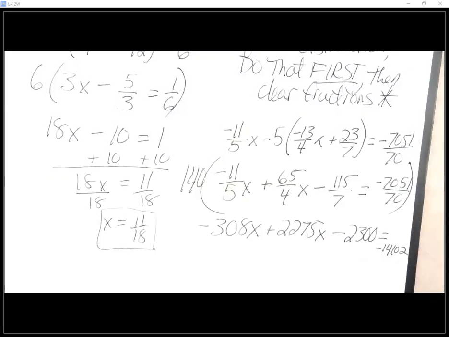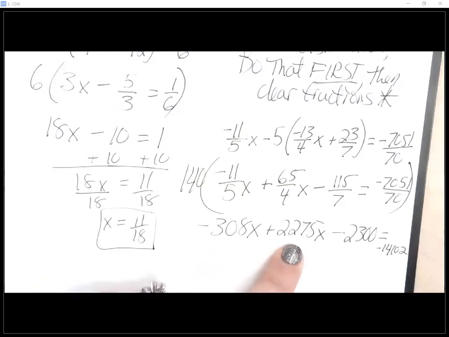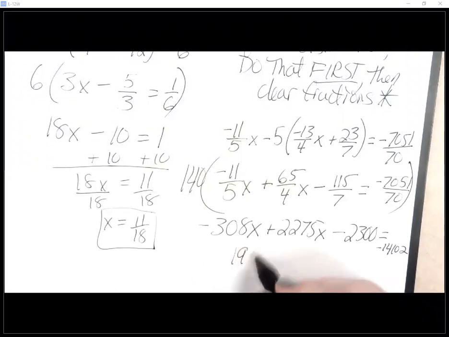And now, yeah, they're big numbers, but there's no fractions. I can deal with this. So I've got these two like terms. Let's get them together. 2275 and a -308 is going to be 1967x.